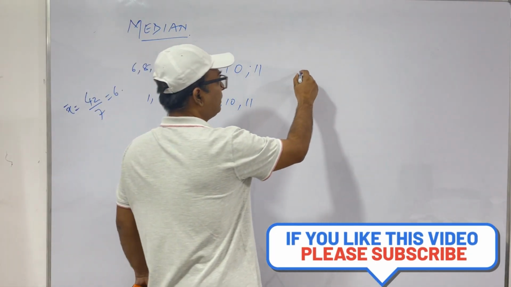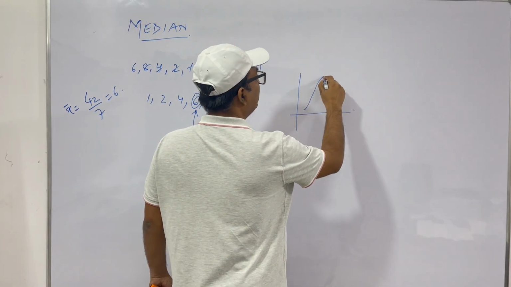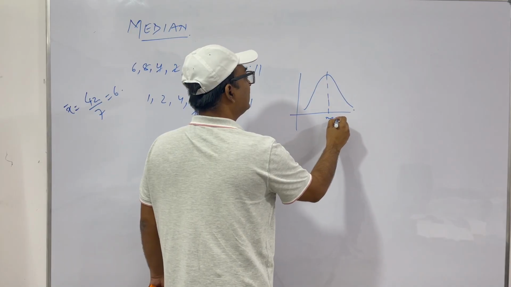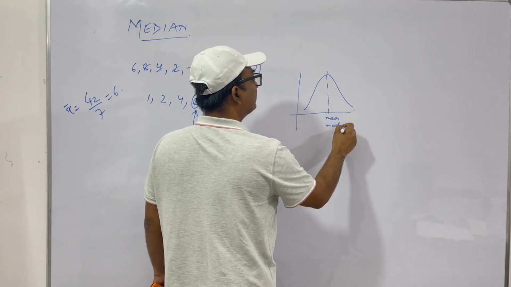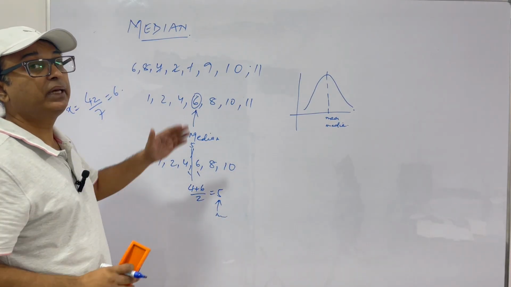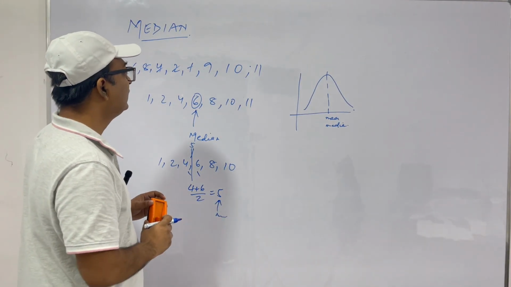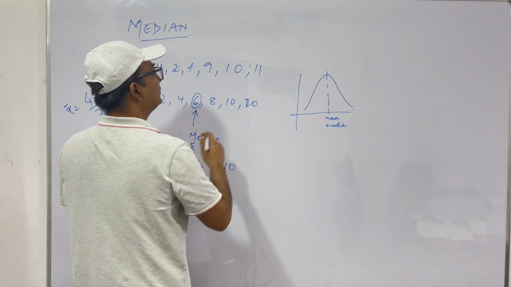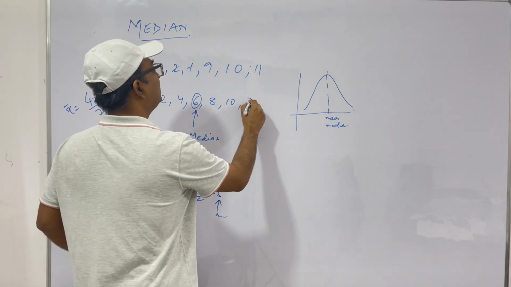If you plot a graph, it will be like this. In the middle, you'll have mean and median. So this is symmetrical data, but this may change. How? Let's say this was 20, instead of 11 we write 20.